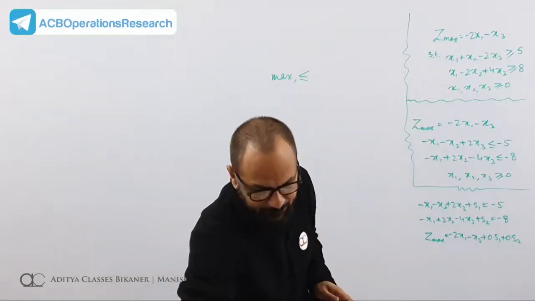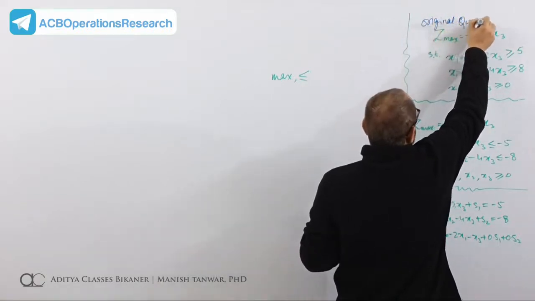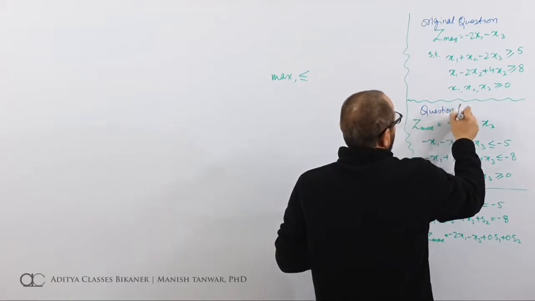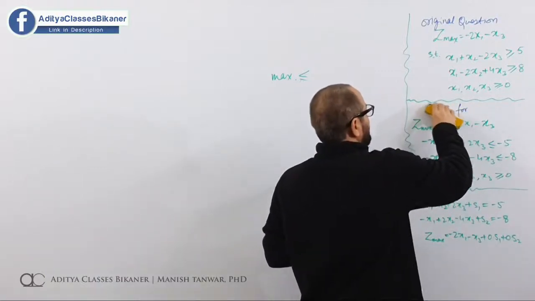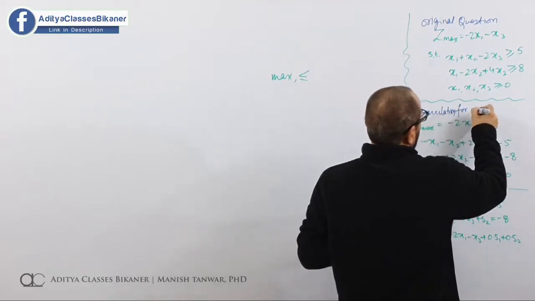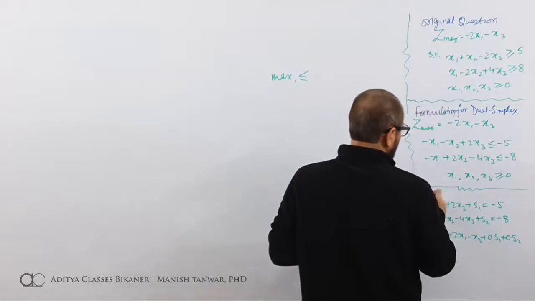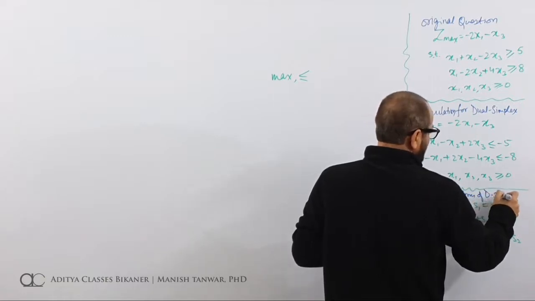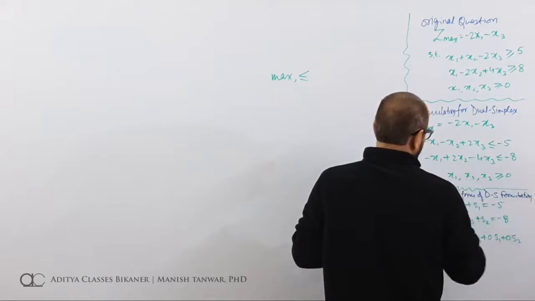So my canonical form has been converted into standard form. This was the original question, or rather let us call it the formulation for dual simplex, and this is the standard form of the dual simplex formulation.